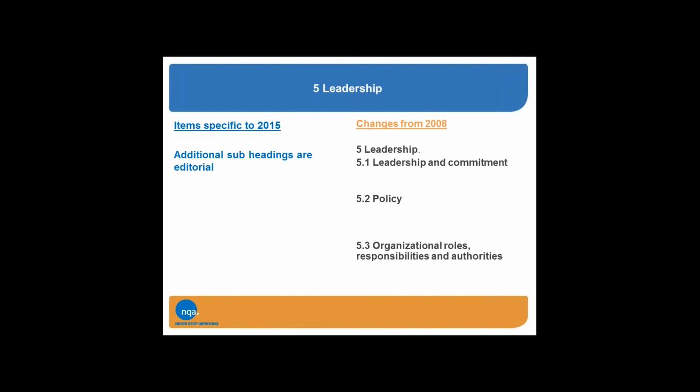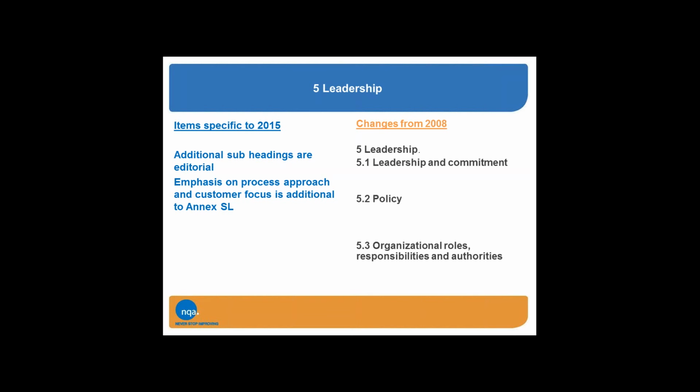So looking on the left hand side at the 2015 9001 specific requirements, those additional subheadings that we saw on the earlier slide are largely editorial. However, the emphasis on the process approach that you'll find in this clause and on customer focus, that is additional to Annex SL.